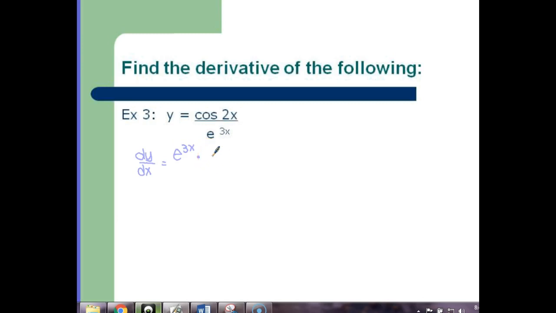What's the derivative of cosine? Negative sine. And then you have to remember that this one is a chain rule, because the derivative of the outside is negative sine, but the derivative of 2x is 2.